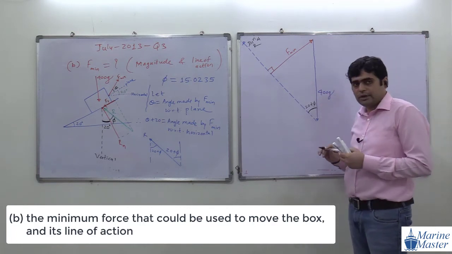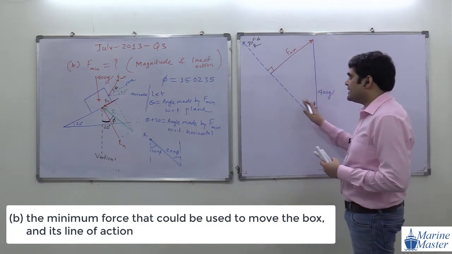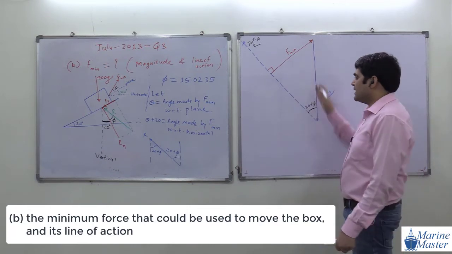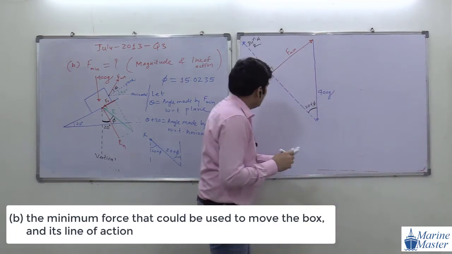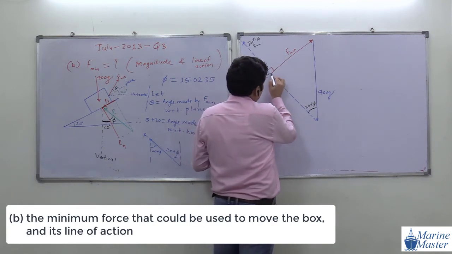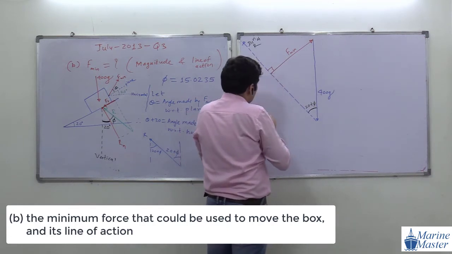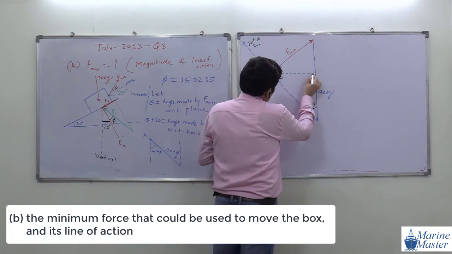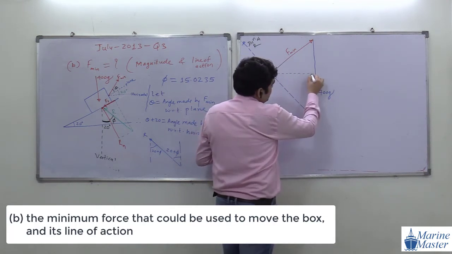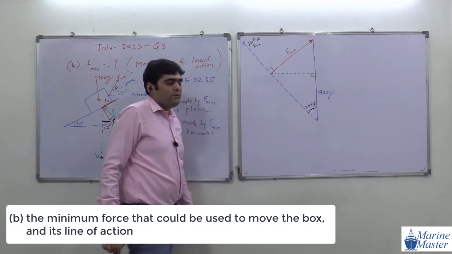Okay, good. So this is our right angle triangle. See the point here. Now what am I going to do? I am going to draw one dotted horizontal line, which will be perpendicular to this 400 g line.